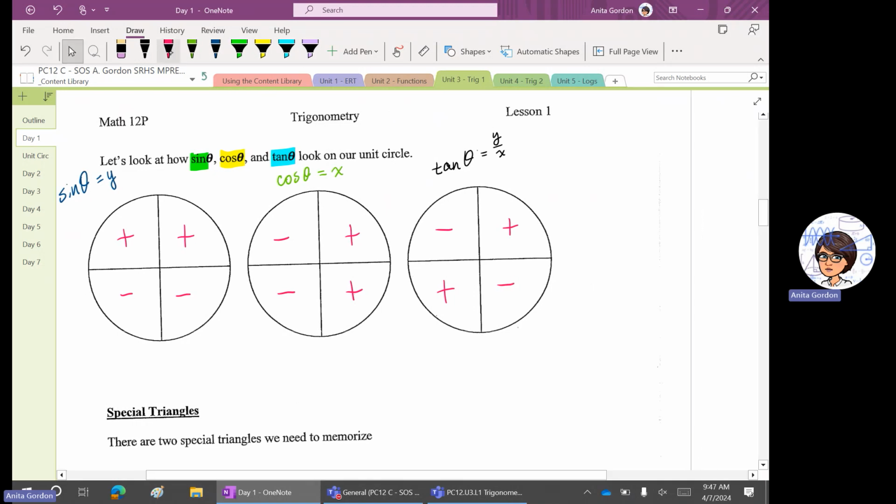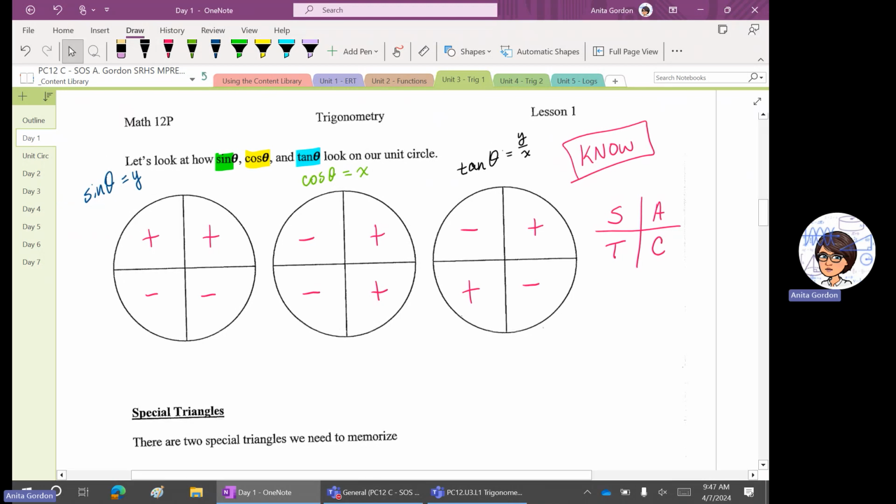A quick way to remember this is what we call the CAST rule. If we start in the bottom right corner, cosine is the only thing positive in this quadrant. All of the ratios are positive in the first quadrant. Only sine is positive in the top left, and only tan is positive in the bottom. This is something I want you to know and memorize if you don't already know it.